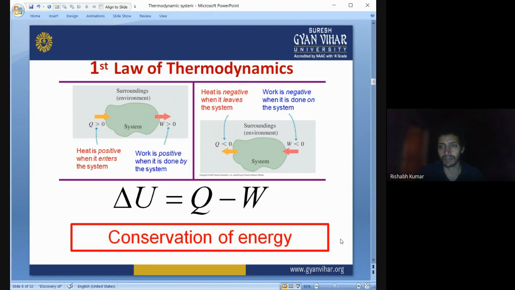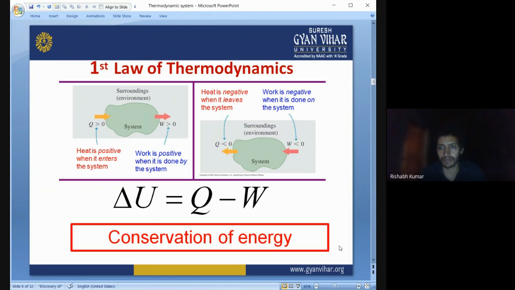The energy will be released by the system into the surroundings in the form of work, right? So that is why the negative sign is there. If the work is done by the system, that work is positive, but it will reduce the internal energy of the system, right?